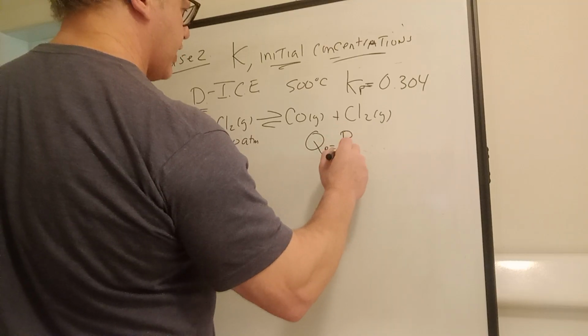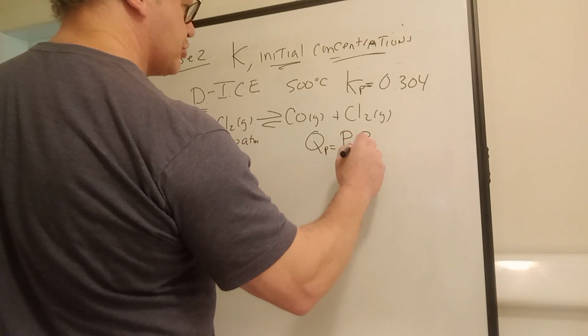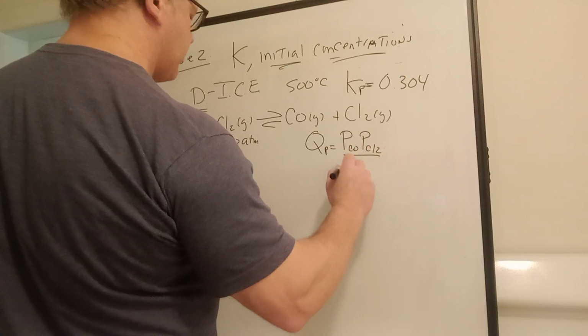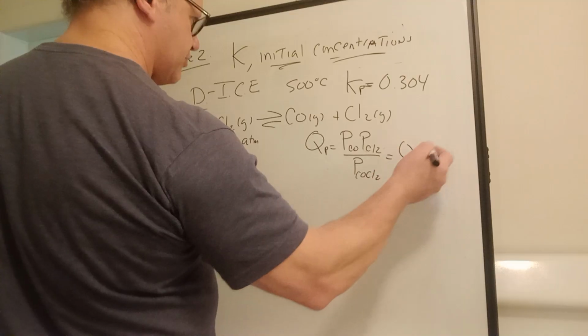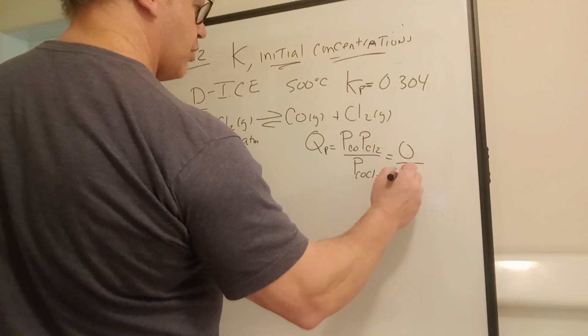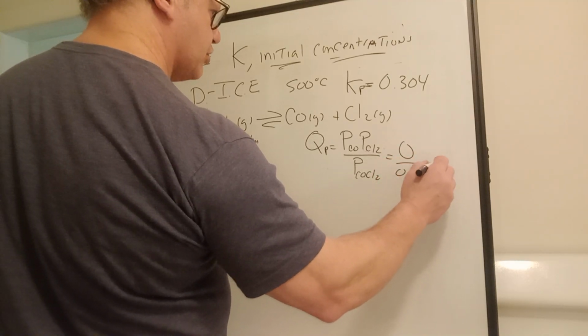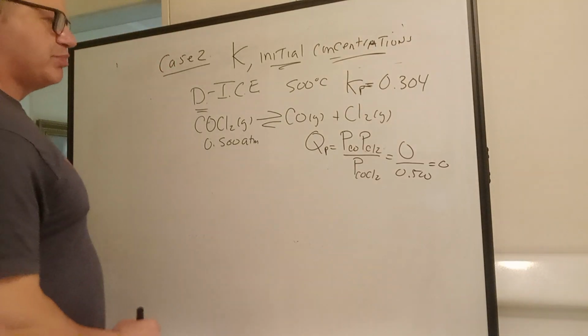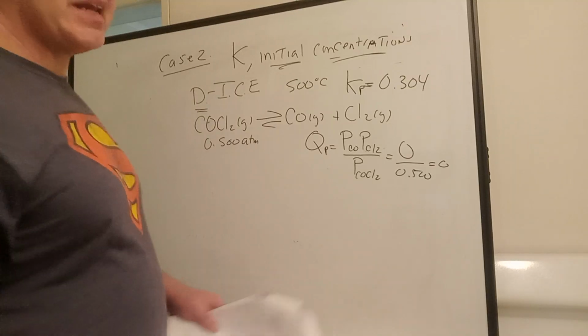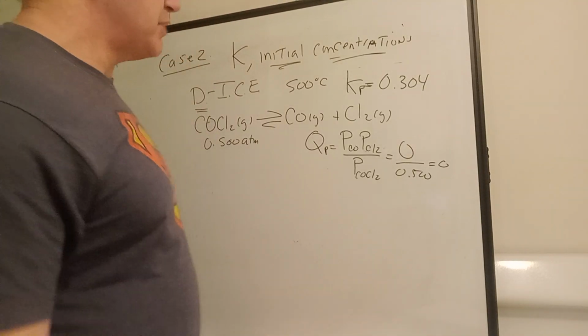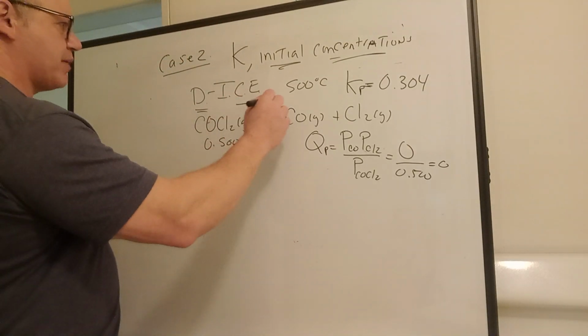This would be the partial pressure of carbon monoxide times the partial pressure of Cl2, divided by the partial pressure of COCl2, and that's going to be 0 times 0 over 0.500, which is a big old 0. 0 is definitively less than any K value we'll have, because K cannot be a negative number. So the system is without a doubt going to head to the right.